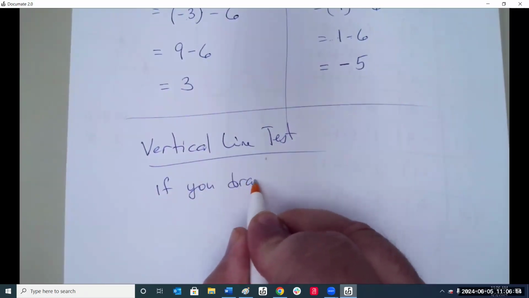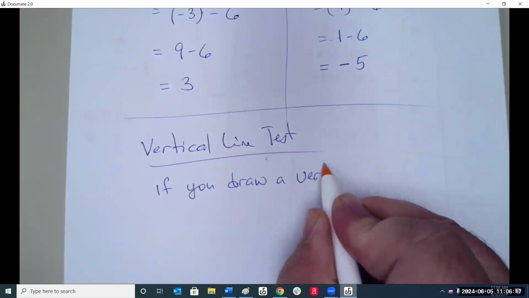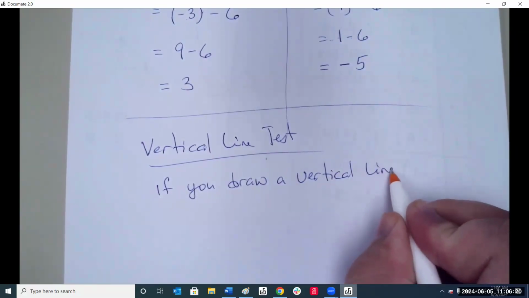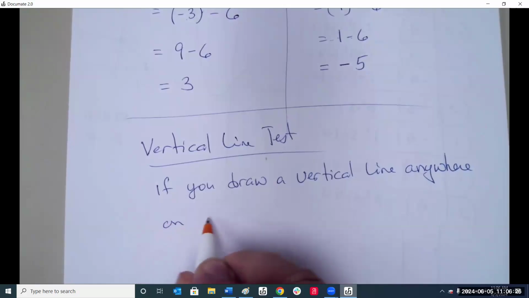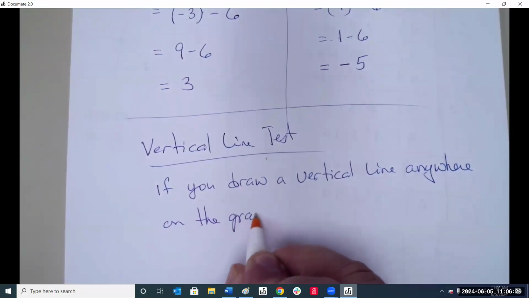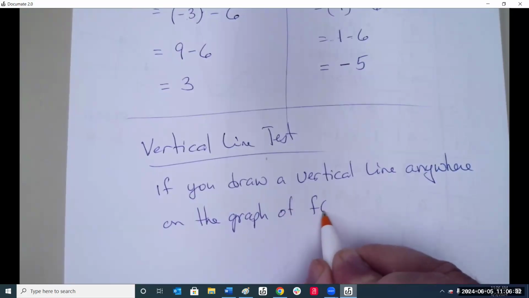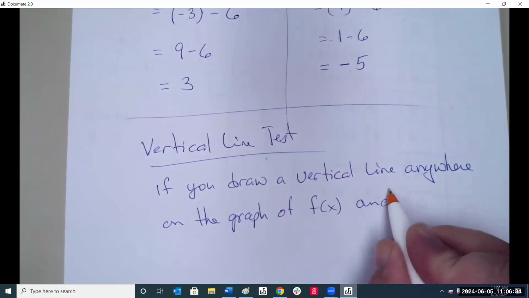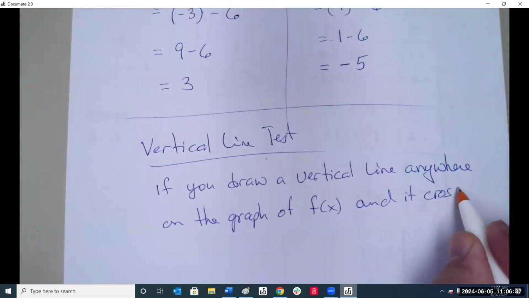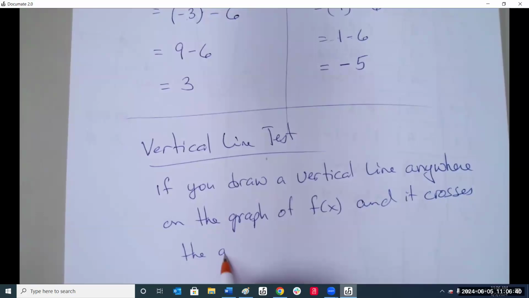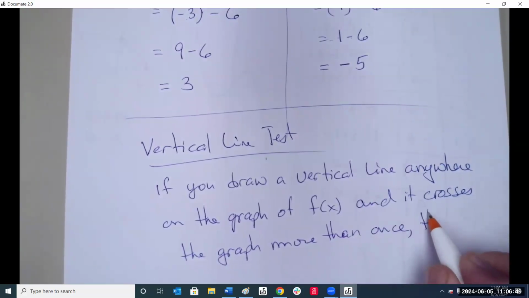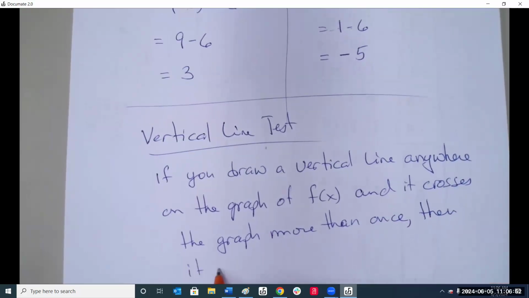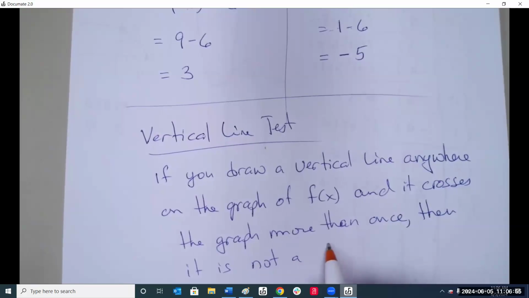If you draw a vertical line anywhere on the graph of the function, and it crosses the graph more than once, then it is not a function.